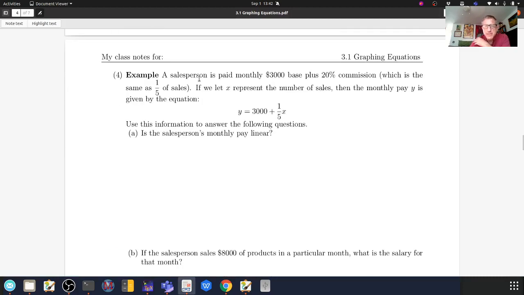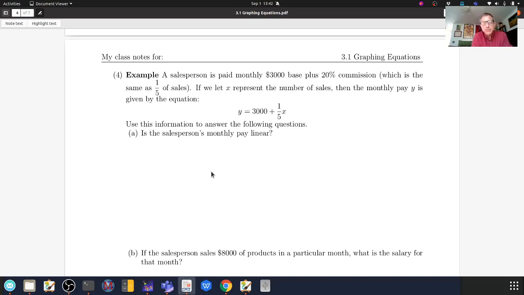So here we have some actual applications of this. So a salesperson is paid monthly $3,000 base plus 20% commission, which is the same as 1/5 of sales.